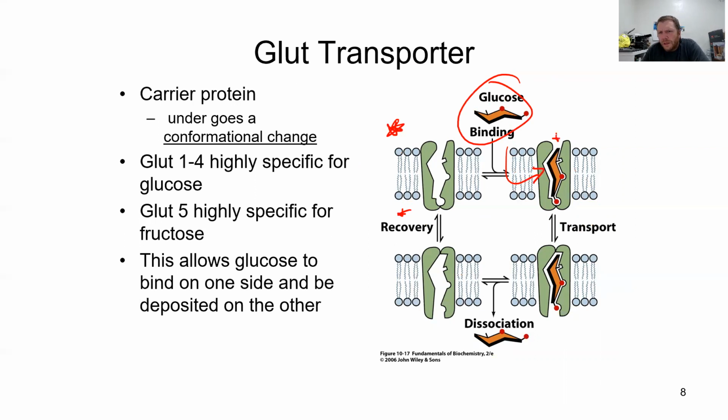The open end right here is closed off, and therefore the closed off end opens up. And what does that allow? That allows the glucose molecule to move on to the other side of the membrane. Once glucose is released, it dissociates, then this open end of the protein closes off, the closed off end of the protein opens up so that we can begin this process all over again.